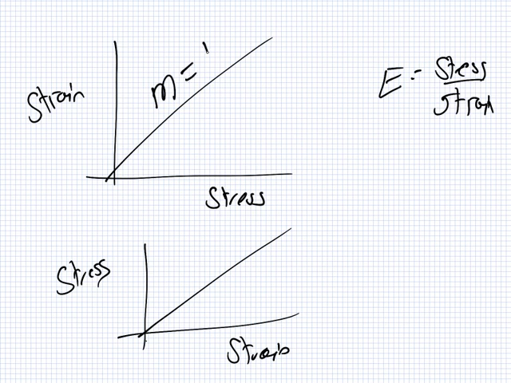It would be 1 over E, and in this one here it will be E. So I think if you can add these two graphs to your notes just quickly before we go on. Do those two graphs?